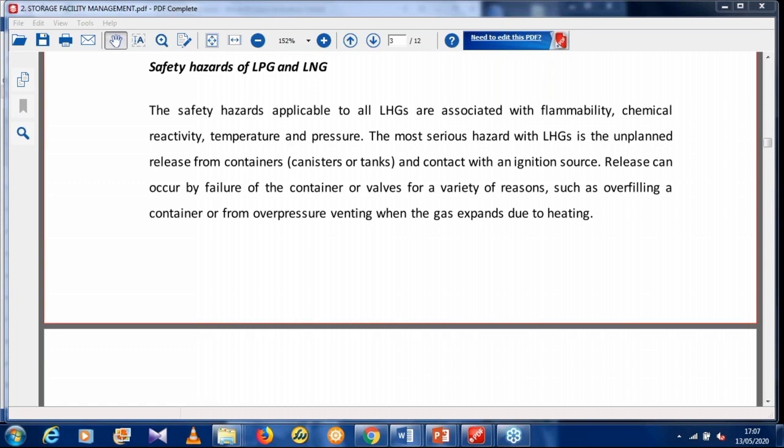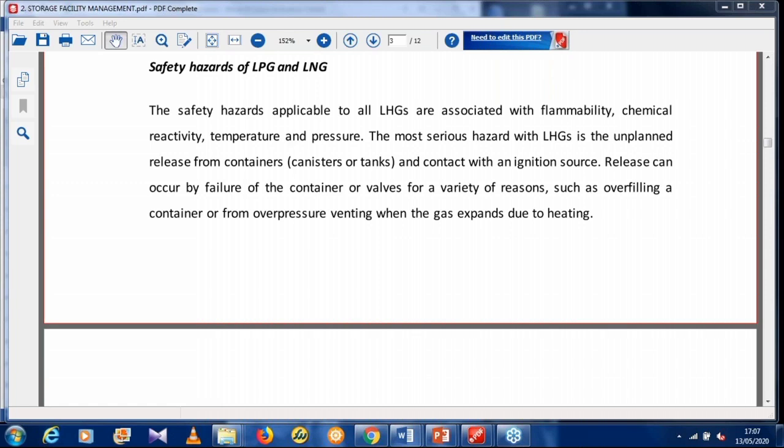So, if there is an unplanned release of the canisters or whatever, and there's first the movement, the explosion around can be massive.